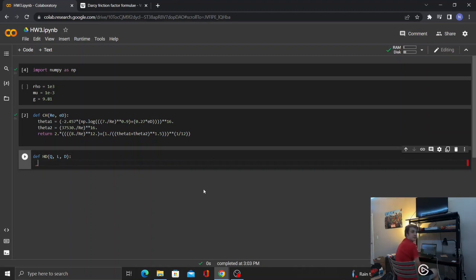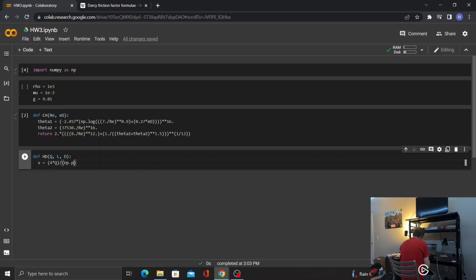So now we are going to need to define all those variables that I had circled on the right hand side of that equation, because once we get those values, we'll be able to set it equal to the left-hand side of that equation. So first we're going to do the velocity defined at a certain flow rate. So it'll be 4 times Q over pi d squared, our diameter.